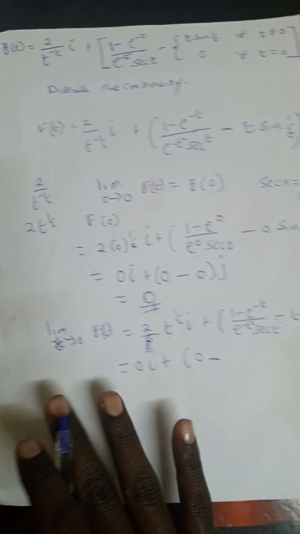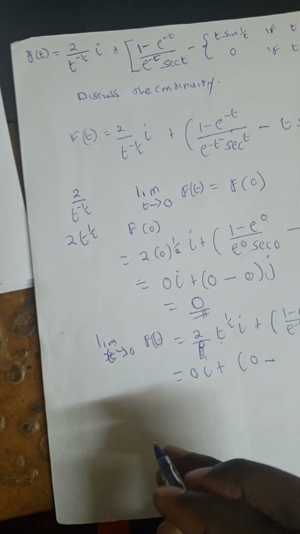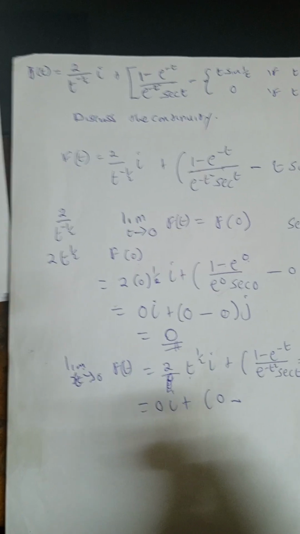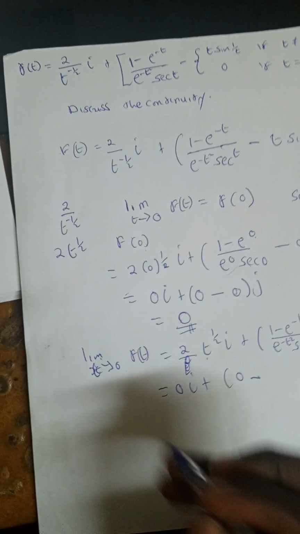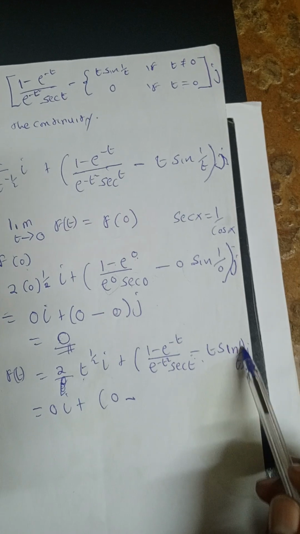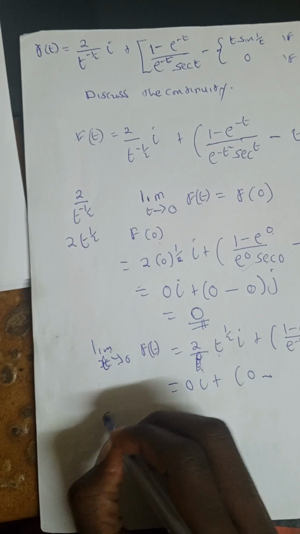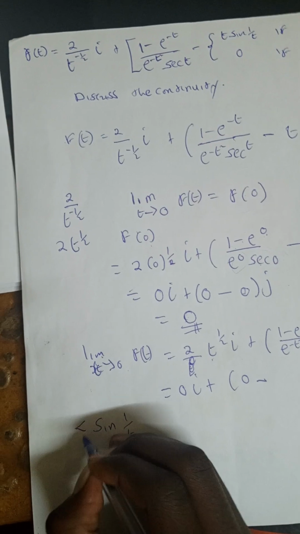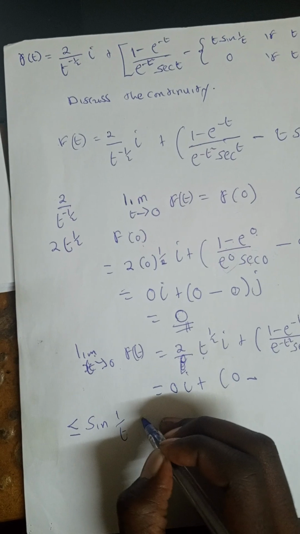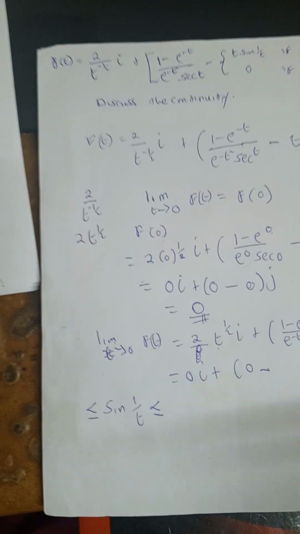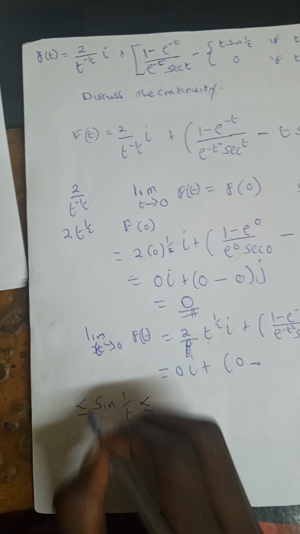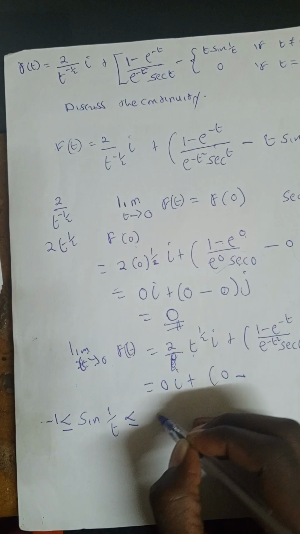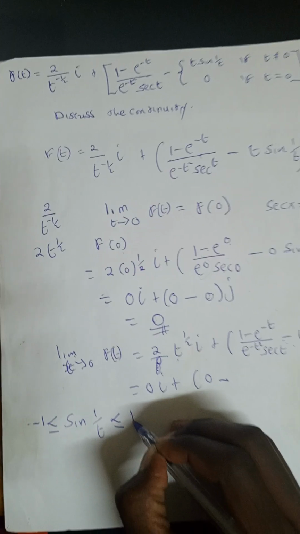So we have to apply another thing for us to solve this, which is the squeeze theorem. We are going to take this function which we want, which is sine 1 over t. We want to see if it is 0 or if it is infinite. So this function is going to be greater than or equal to -1, but less than or equal to 1.